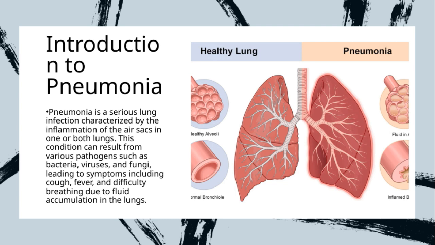The difficulty breathing usually happens because fluid builds up in the lungs, making it hard for oxygen to pass into the bloodstream. Understanding pneumonia is crucial because it highlights how infections can impact lung health and overall well-being, which ties into our broader discussion of respiratory illnesses and their management.